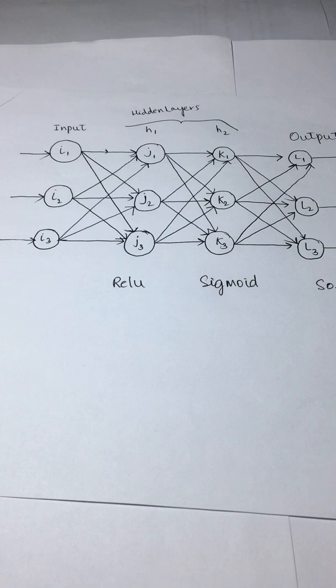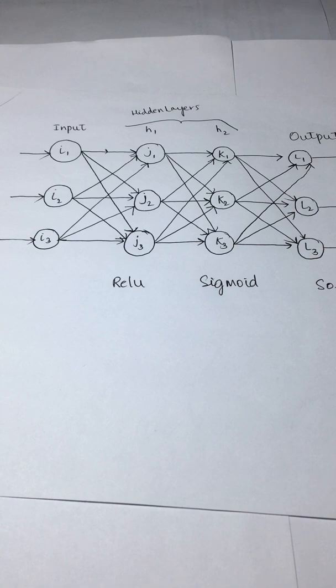One more requirement is that activation functions should be differentiable, right? As we discussed previously, in any neural network you have two stages: your forward pass, and your back propagation or backward pass. In back propagation you take the derivative with respect to your weights.